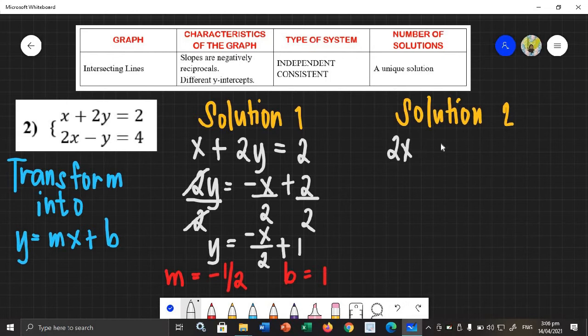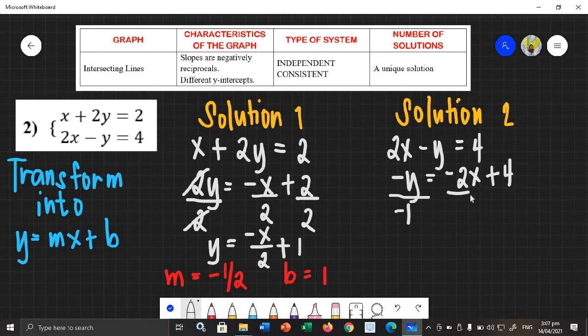So we have 2x minus y equals 4. So transpose natin si 2x. We now have negative y equals negative 2x plus 4. Para ma-cancel out yung negative beside y, divide natin yung whole equation by negative 1.